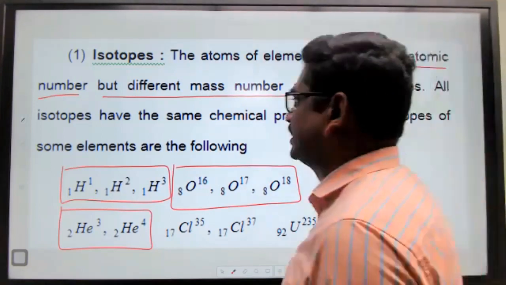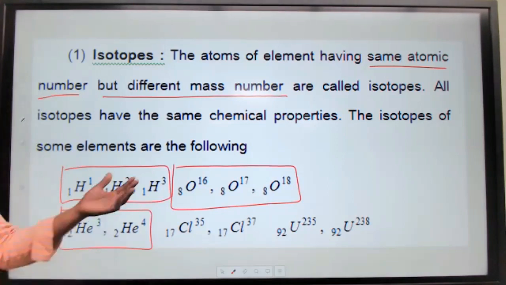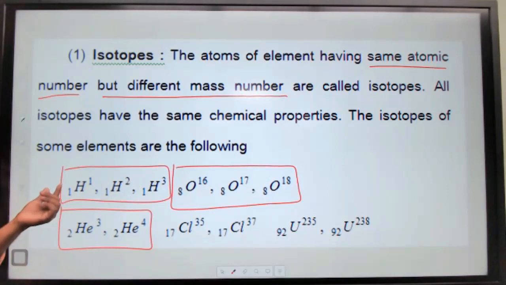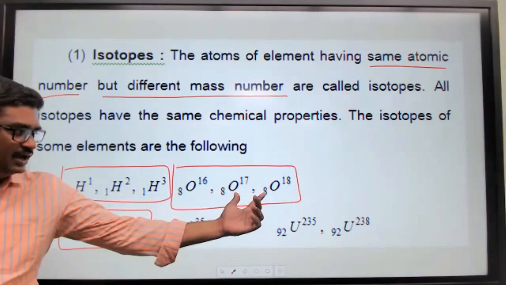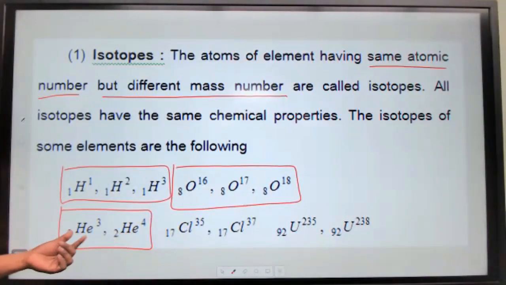Isotope means same atomic number Z but different mass number A. Very sufficient. Write down these three examples. These two are the isotopes of hydrogen. These two are the isotopes of oxygen. This one is the isotope of helium. 2He4 is the general one.